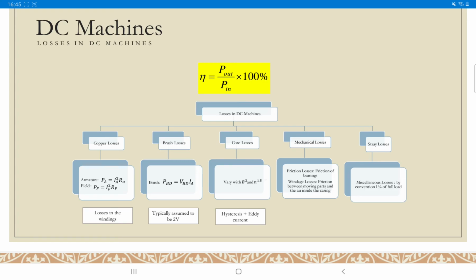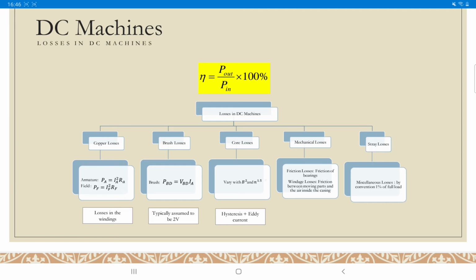And then you have core losses. It varies with the magnetic field squared and the number of turns times the speed to the power 1.5. This is because of the hysteresis, which we talked about before, as well as the eddy current losses. You will also have mechanical losses, which are referred to as friction losses.